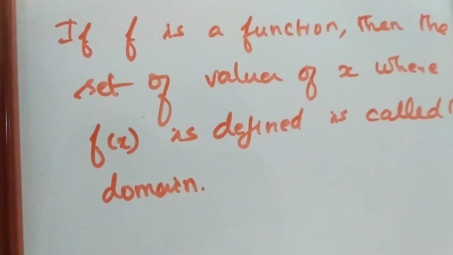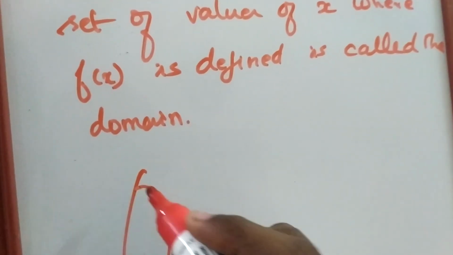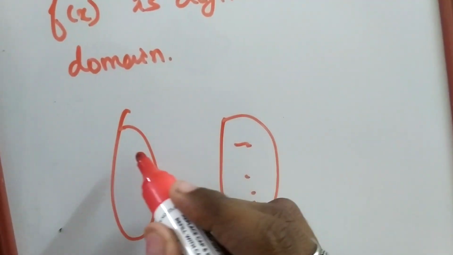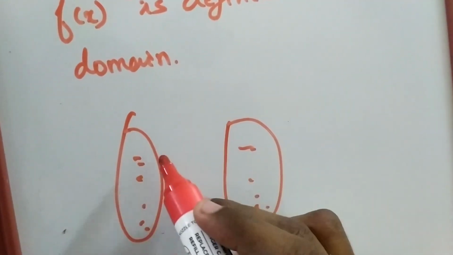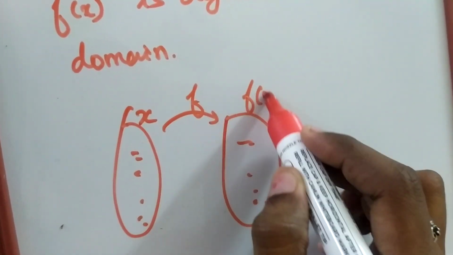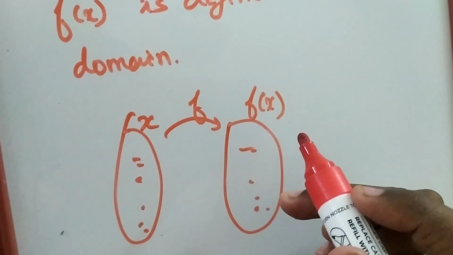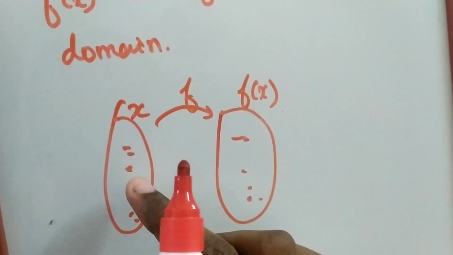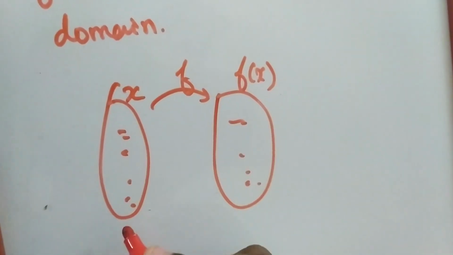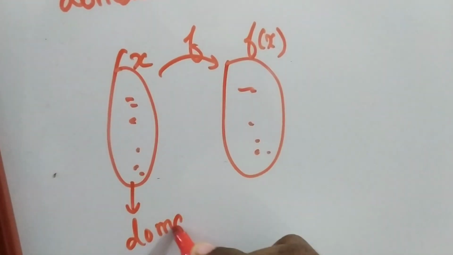Which means here we are having some elements and here also we are having some elements. So this is x, we apply a function and we get f of x. The set of values of x where we can find f of x is referred to as the domain.